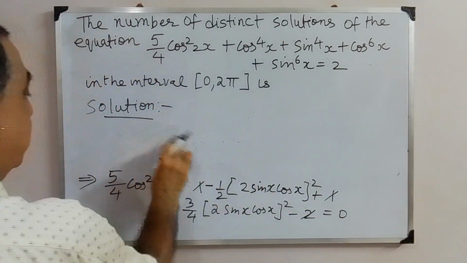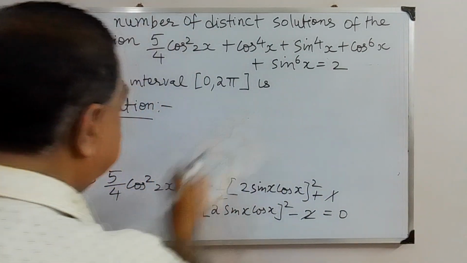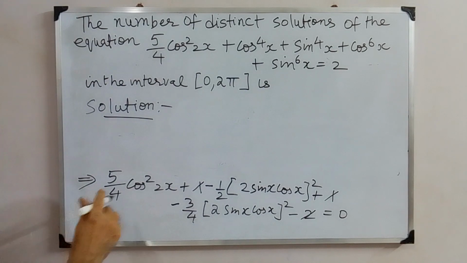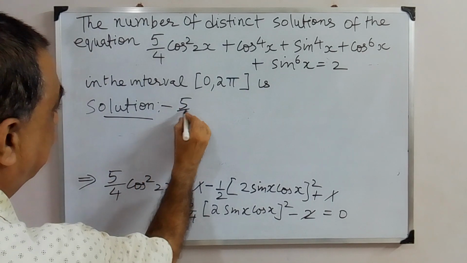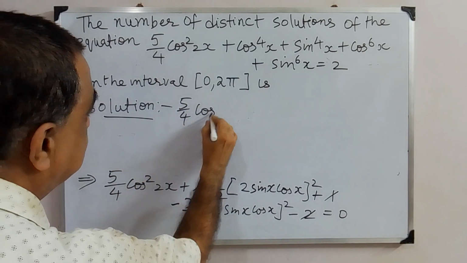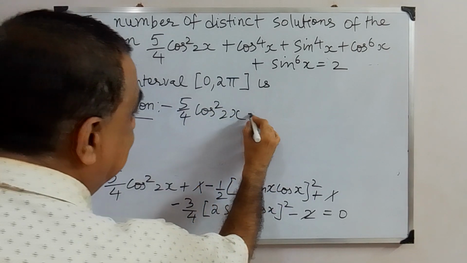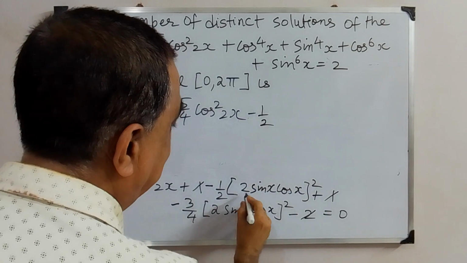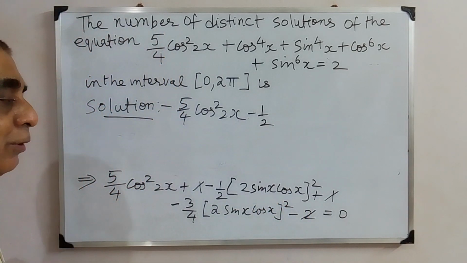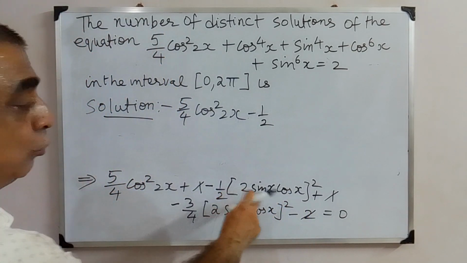Okay, so what we are getting here is 5 by 4 cos squared 2x, and minus half, and 2 sin x cos x is sin 2x.